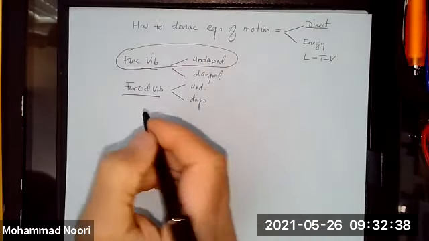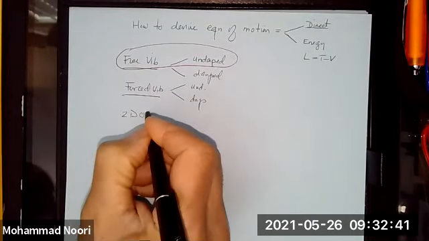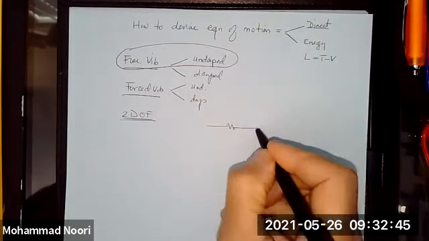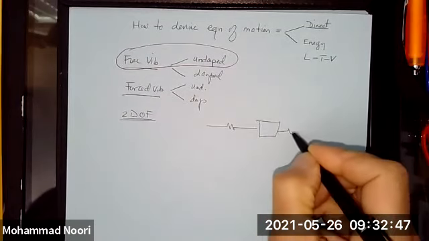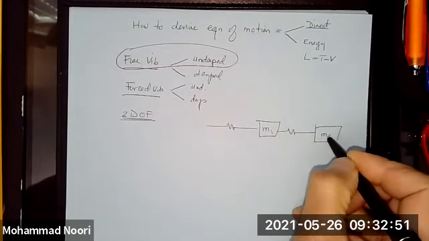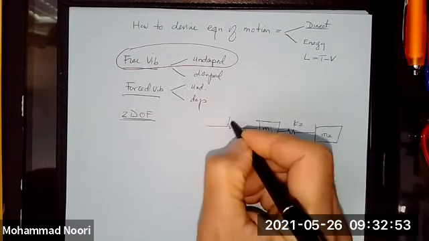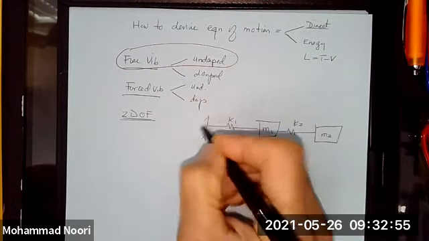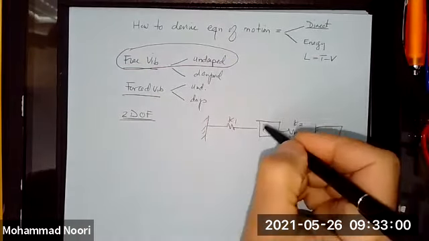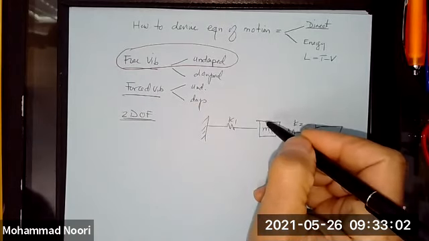So let's do that in the case of 2 degree of freedom systems now. That means you have two masses, M1, M2, K1, K2. System is vibrating, and you want to find this free vibration.